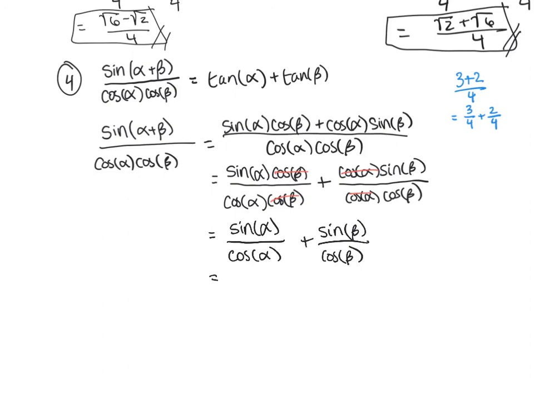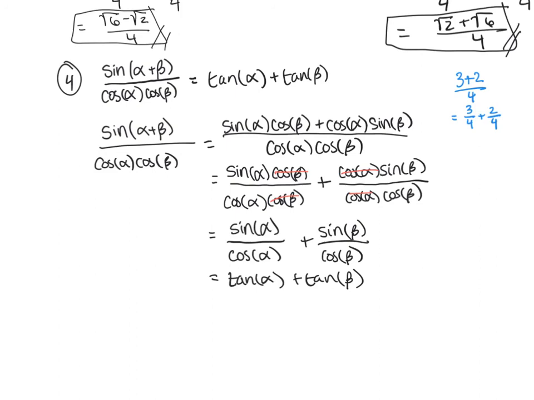So sine of alpha over cosine of alpha just becomes tangent of alpha, and sine of beta over cosine of beta becomes tangent of beta, and that's exactly what we wanted. This wouldn't work if we had, say, sine of beta over cosine of alpha. We need to have the same variable over the same variable.